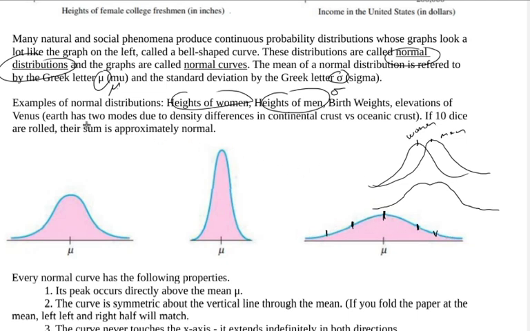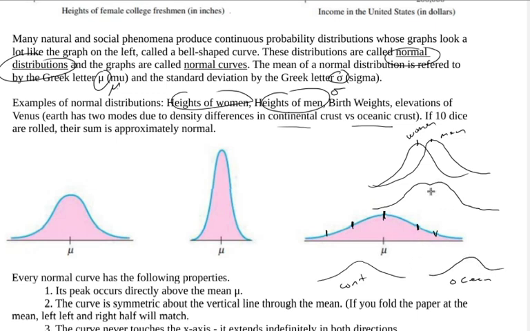Interestingly, Earth does not have a normal distribution when you're talking about elevations like that. It comes from the difference in density between continental crust and oceanic crust. If you restrict yourself just to continental crust, or just to oceanic crust, you get a normal distribution.